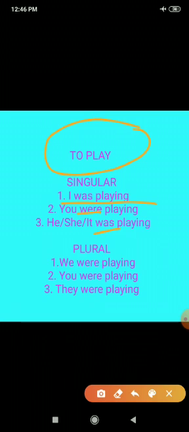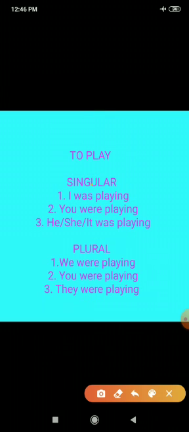He, she, and it was playing. We were playing. You were playing. And they were playing. This is verb to play in past continuous tense.